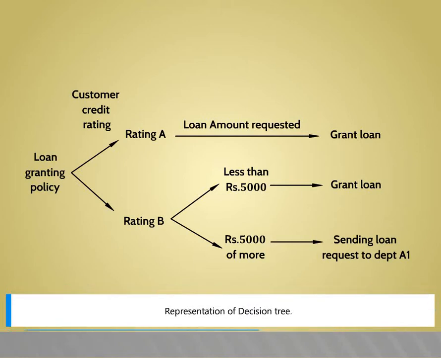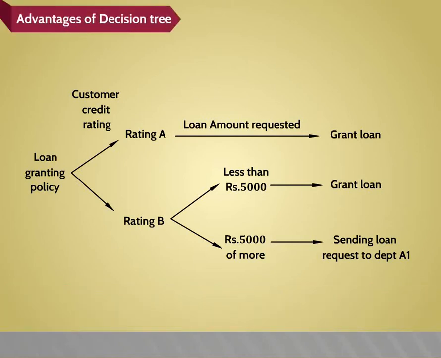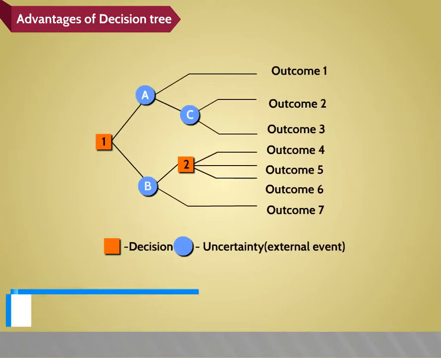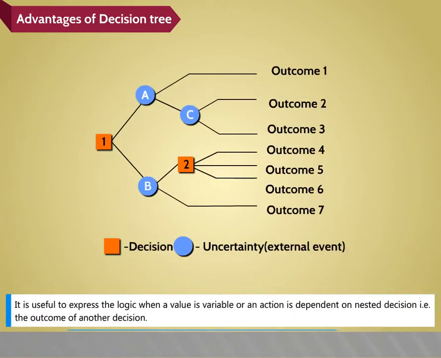Representation of decision tree. Advantages of decision tree. A decision tree expresses the logic of if-then-else in pictorial form. It is useful to express the logic when a value is variable or an action is dependent on a nested decision, that is, the outcome of another decision.